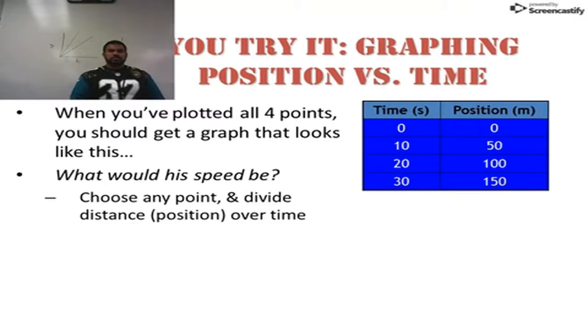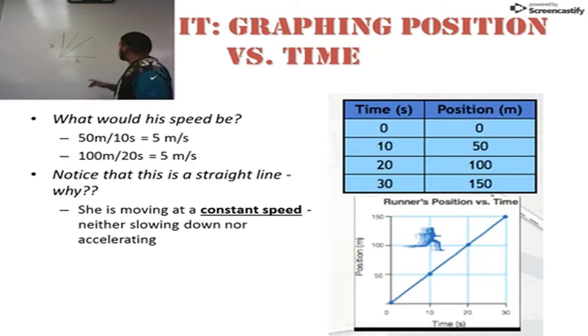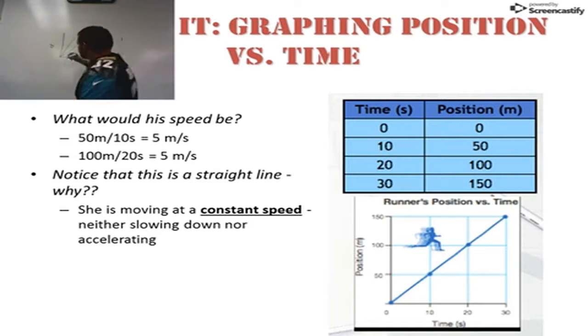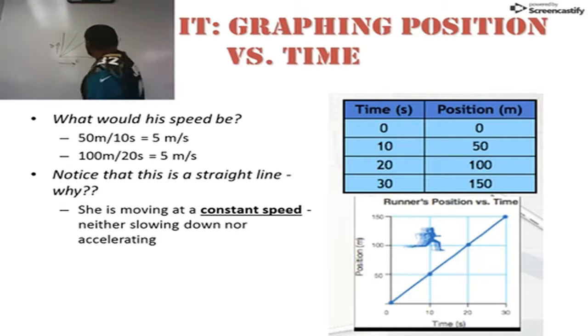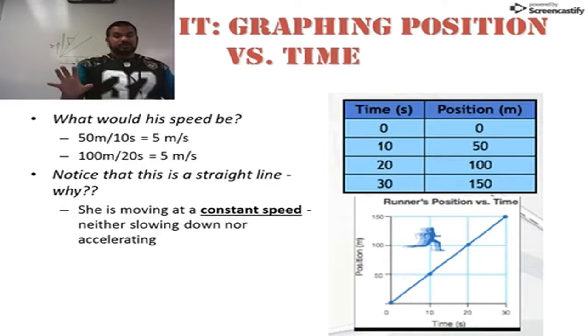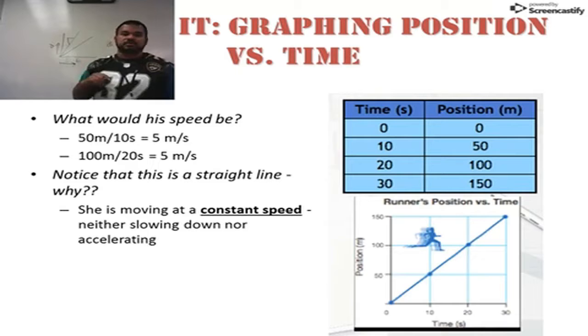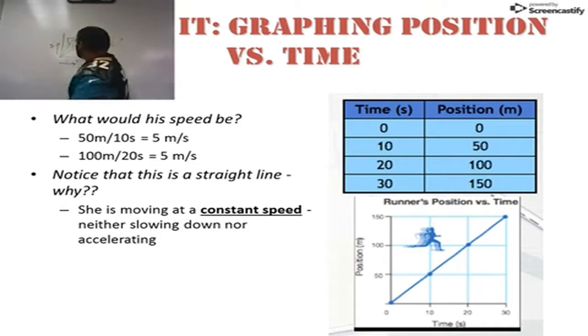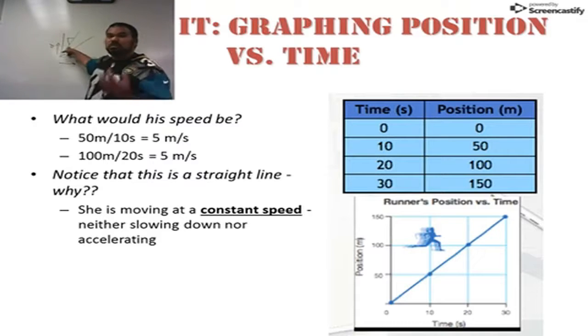You can literally choose any point on the graph that you made and find your slope by doing rise, which is going up and down, divided by run, or y divided by x. And in this case, you can literally choose any points that are on your graph. Now, just as a helpful suggestion, if you have been given guide marks for any of your graphs, meaning there are lines telling you where these numbers are, pick a point that goes through one of those because you know for sure.